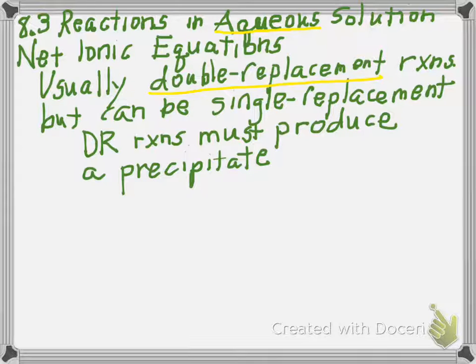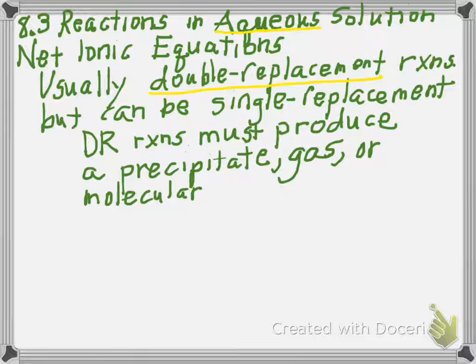When I have two liquids, because they're ionic compounds dissolved in water, and I mix them together and I get a solid produced, that's a precipitate. They could produce a gas. We would know that they've produced a gas because there's bubbles. Or a molecular compound, which is usually water.